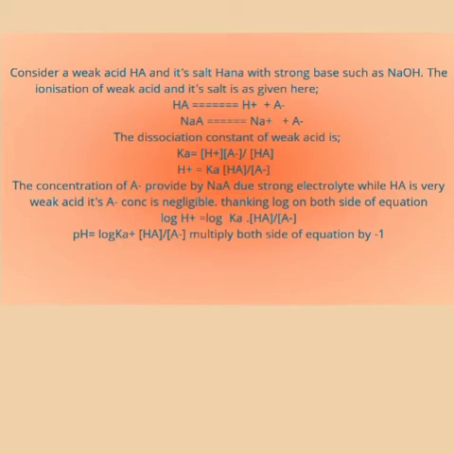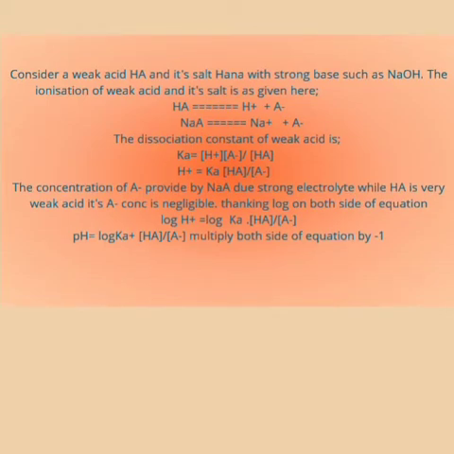So the negative log of hydrogen ion will be equal to negative log of Ka plus, again multiplied by -1, log of HA over A negative. To change the negative sign to positive, we invert the molar concentrations of HA and A negative. We place A negative as numerator and HA as denominator.